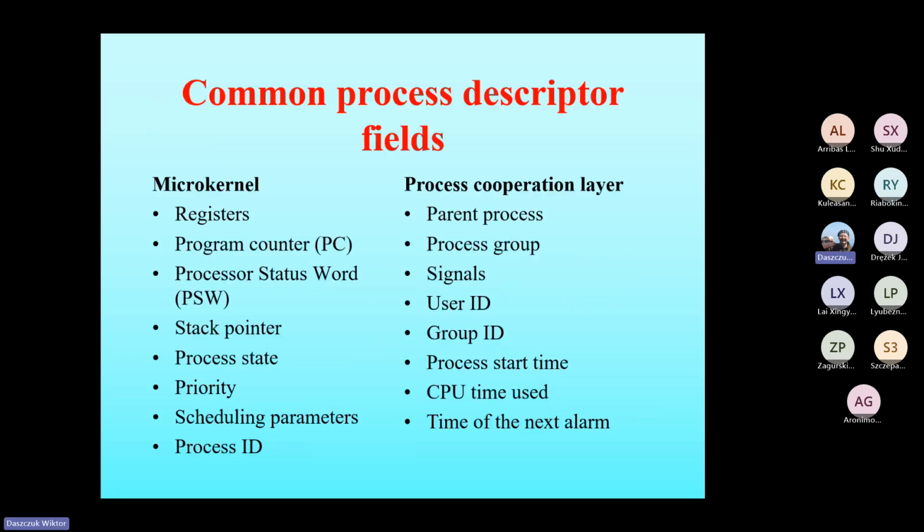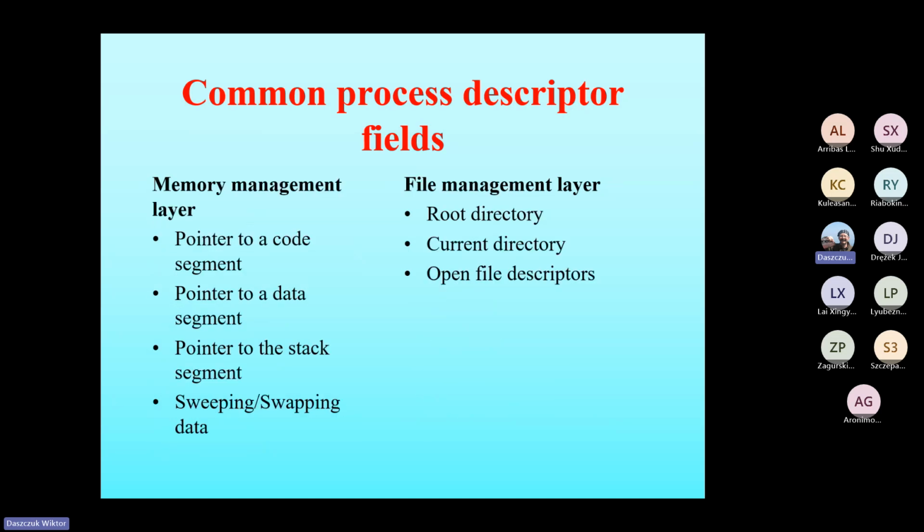So you can see here the elements of a record describing a process on various levels of abstraction. This is in the microkernel. This is in the highest level of process cooperation, in the memory management layer, in the file management layer.